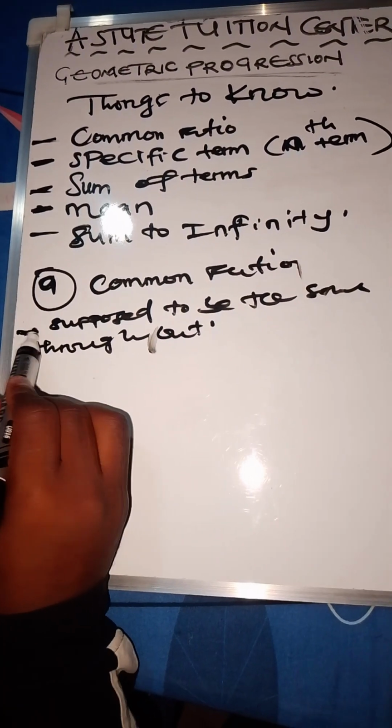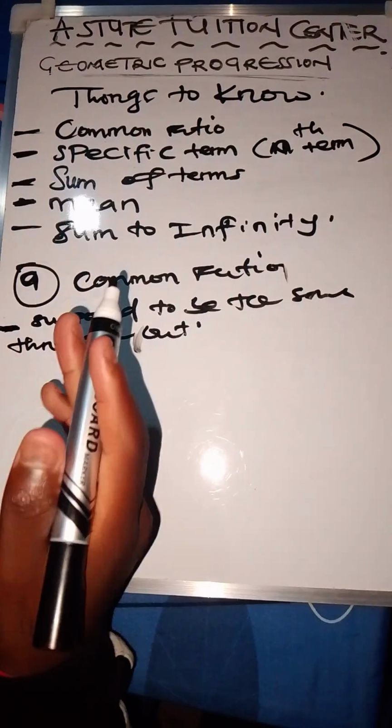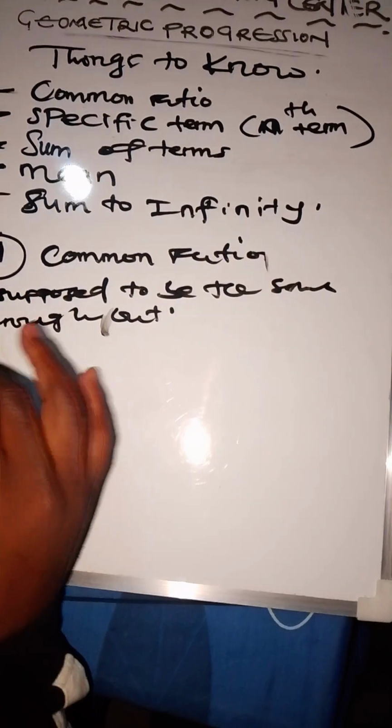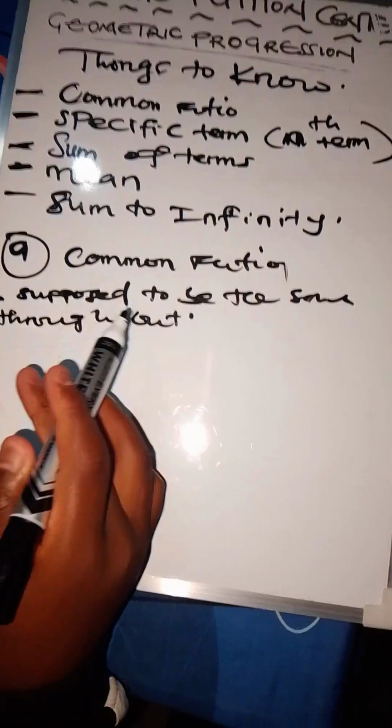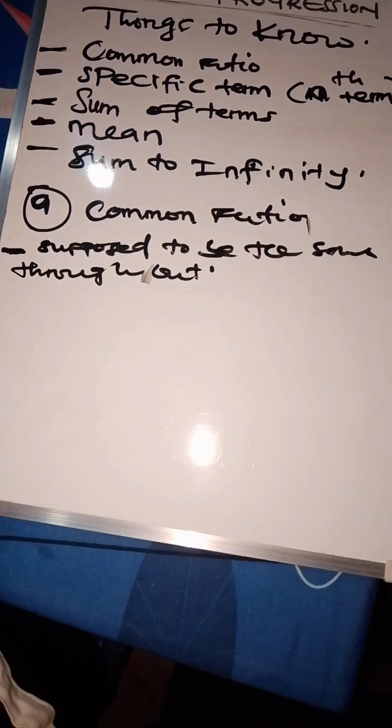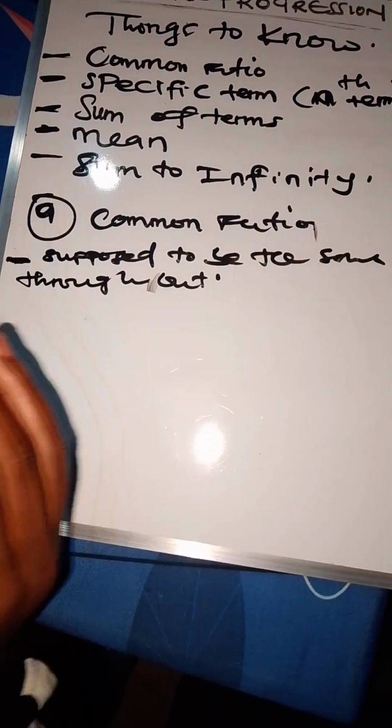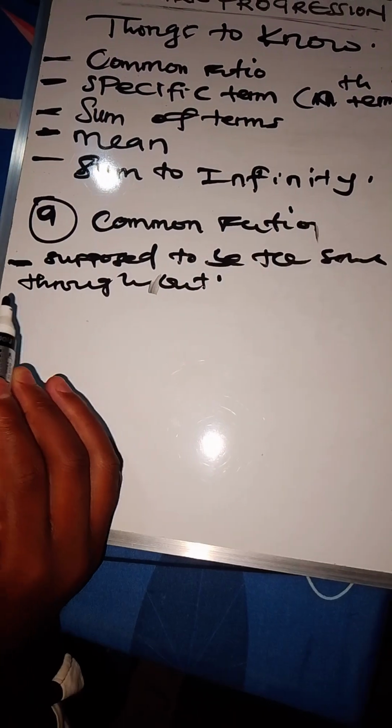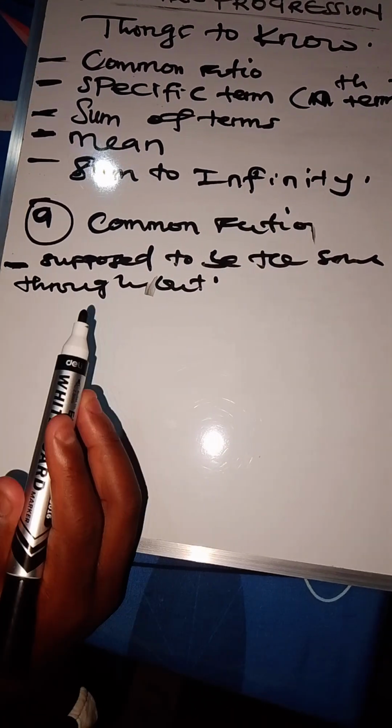Now, how do you calculate the common ratio? Because this same common ratio is what is going to help you know if the thing that I'm dealing with is GP. So how do you find the common ratio?